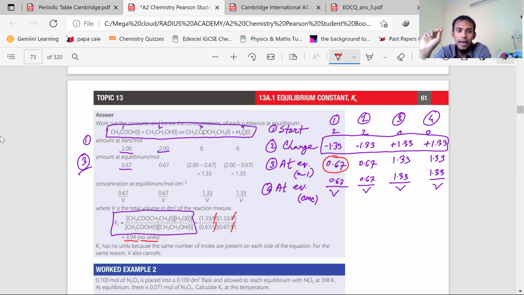I said earlier when we discussed chapter 1, if you have no unit after cancelling out all the units, you must write no unit. If you don't write no unit, you will lose 1 mark. You need to write no unit, because the Kc unit will vary from reaction to reaction. Okay, understood?